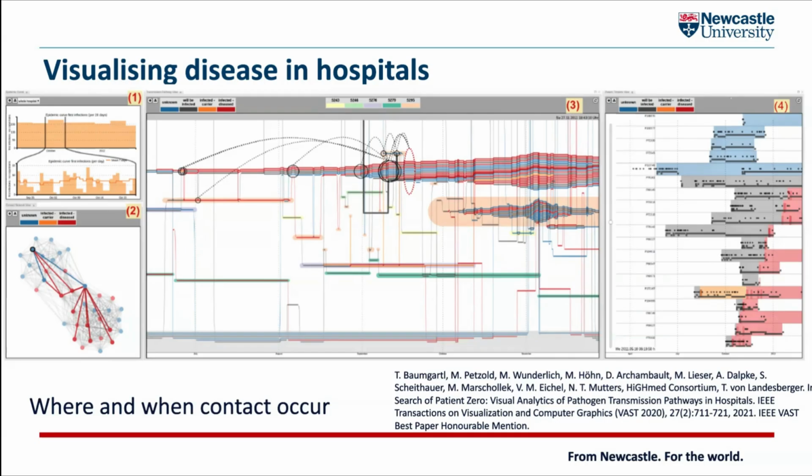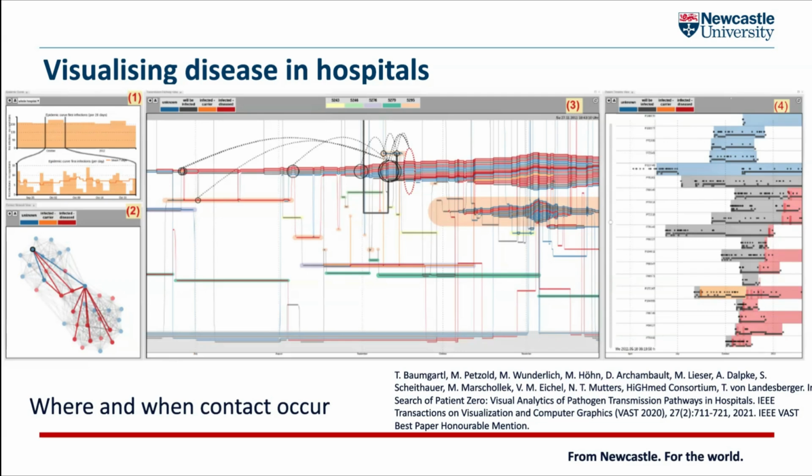So we have an antibiotic resistant bacteria that can spread through infected catheters, but you don't constantly test the person within the hospital room. So you have a situation where you don't know where the transmission happened between tests. So we came up with a visualization here to visualize the contacts.